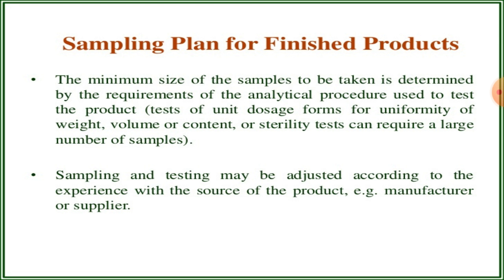Sampling plan for the finished products. The sampling plan for finished products is mainly used in industries. The minimum size of the samples to be taken is determined by the requirements of the analytical procedures used to test the products, that is, the test of unit dosage forms for uniformity of weight, volume or content, or the sterility test can require a large number of samples.